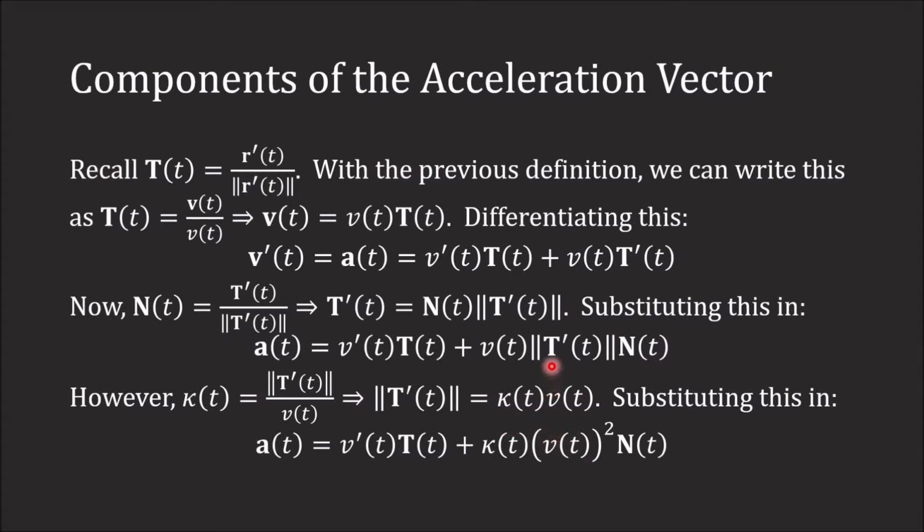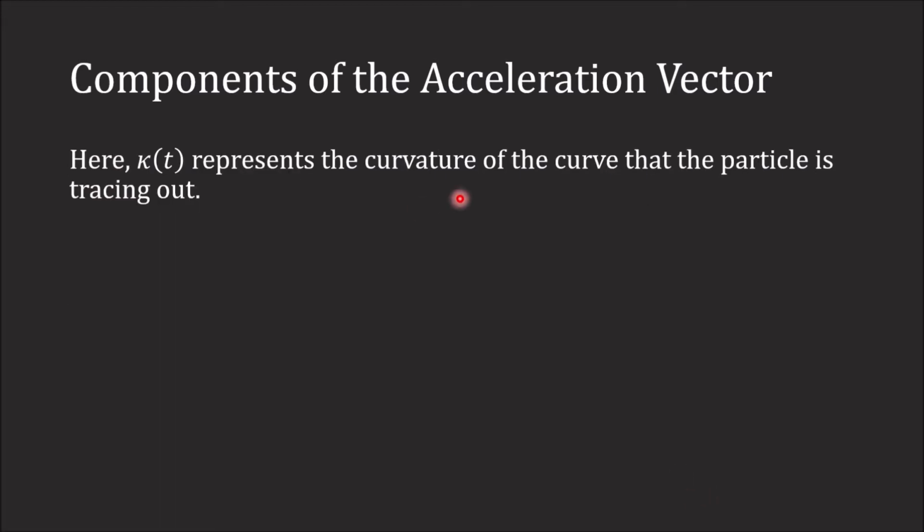And now just replacing this piece here with what we just said, this kappa v, we get the acceleration is the derivative of speed times the unit tangent plus the curvature times the speed squared times the unit normal. Here, the curvature we're talking about is the curvature of the curve that the particle is tracing out.